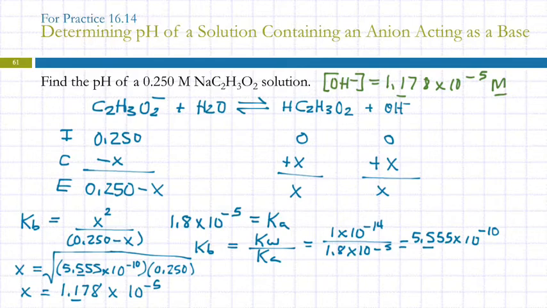So the pH is going to equal 14 minus the pOH. So 14 minus the negative base 10 log of 1.178 EE minus 5. 9.07.